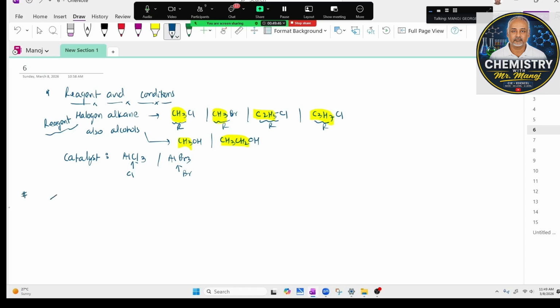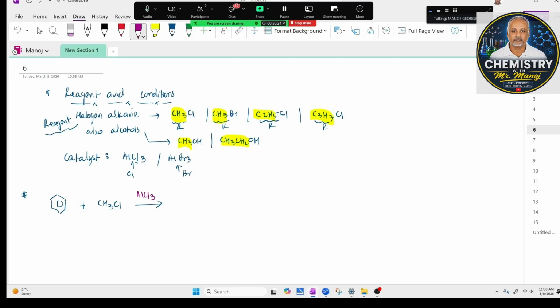Let's do some equations to make sure you're okay. Let's say a simple equation. I have benzene and I want to react this with CH3Cl. Could you tell me which catalyst I should use? Because I have a Cl going on, my catalyst in this case is going to be AlCl3. Is that okay? Don't we need to add an alkyl group?